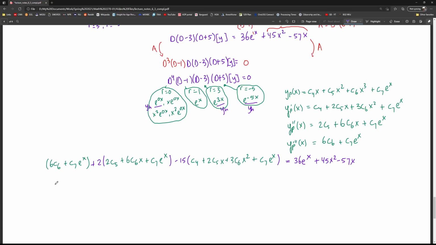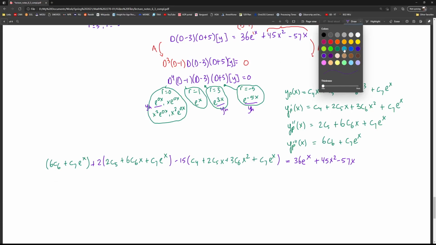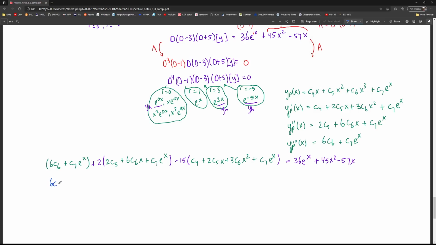So let's see, if we combine the constant parts, we have 6c6, right, plus 4c5, and then minus 15c4 right here. And that's it.